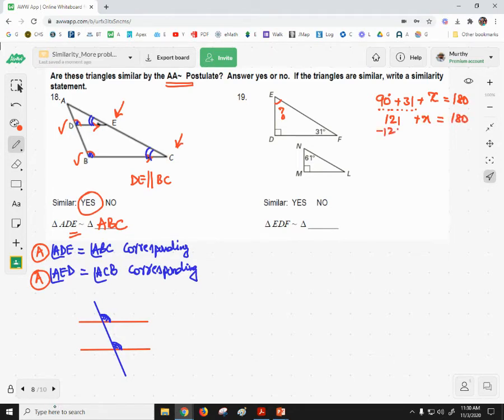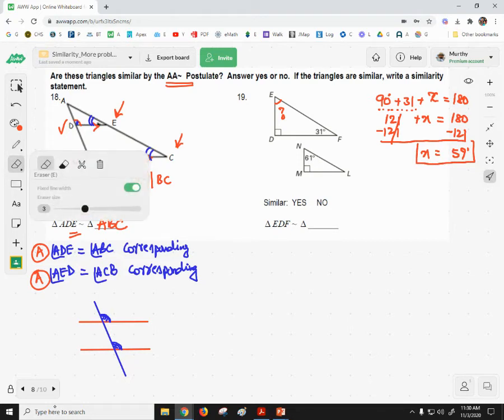So let me take away 121, then the value of x is 59 degrees. Therefore, let me erase this question mark and put 59 degrees there.